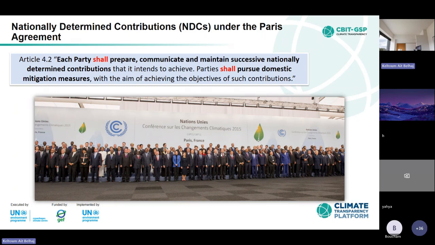So each NDC must represent an updated national effort to reduce emissions and also to adopt domestic mitigation measures which are aligned with the global temperature goals. And it's also a reminder that the NDC is a kind of living instrument, so it needs to be updated every 5 years.